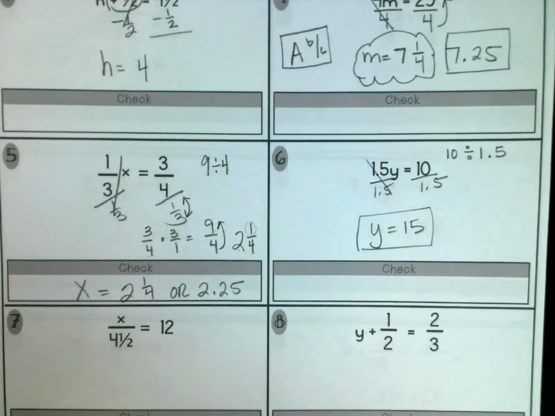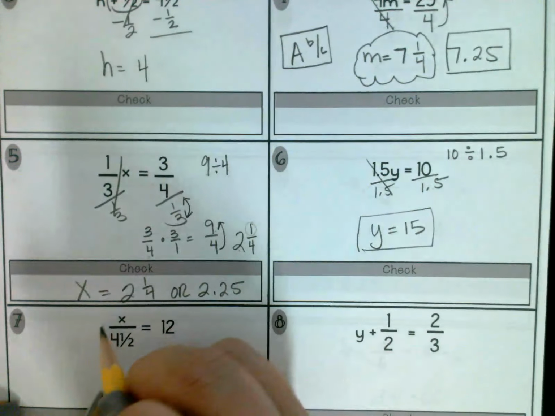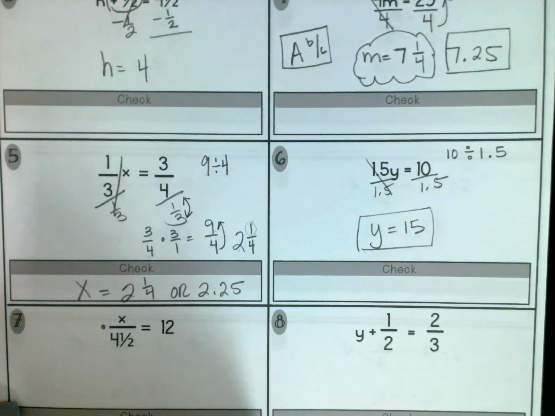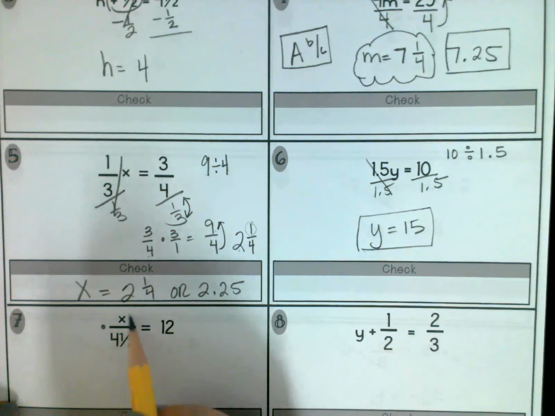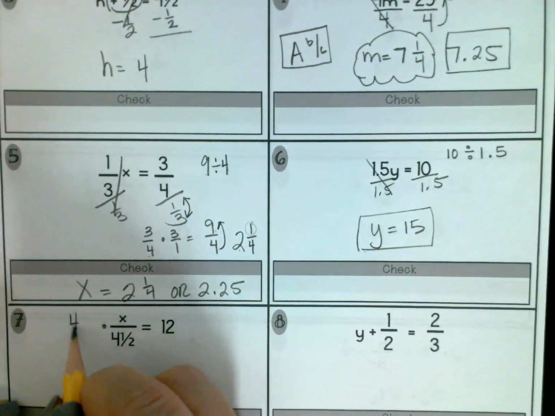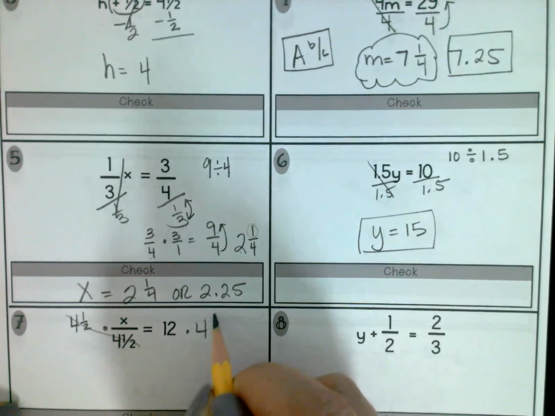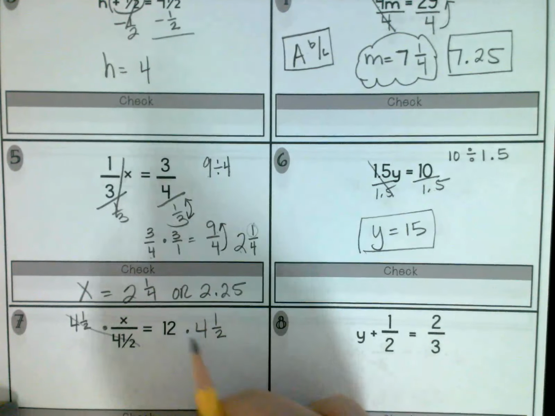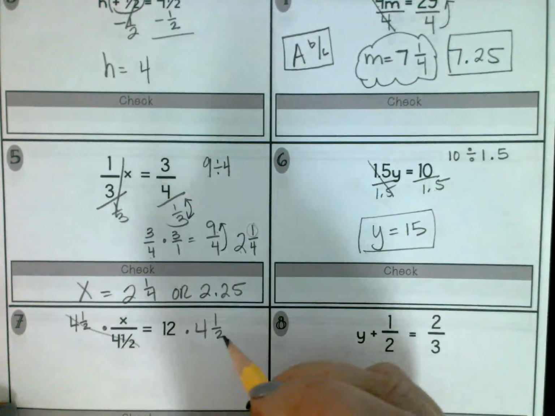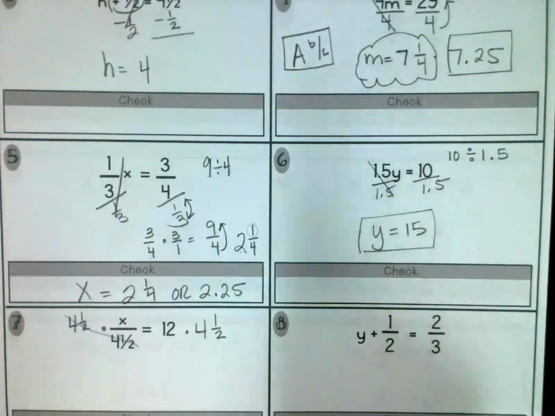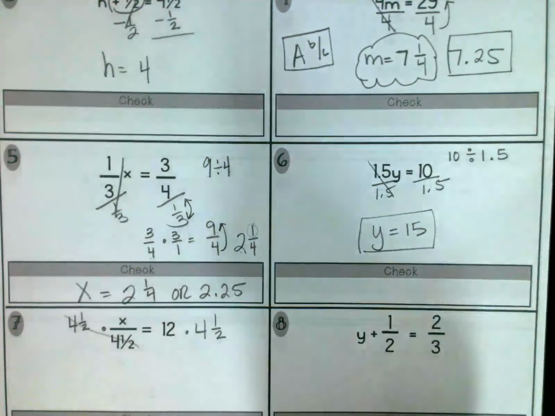On the next one, depending how well you work with fractions or how much you like them, I would have to say, whoa, we have a fraction in a fraction and the variable is in the fraction, so that tells me this is division. Therefore, I need to multiply. And when we multiply with mixed numbers, we have to make it into an improper fraction. So you can do top times top, bottom times bottom.